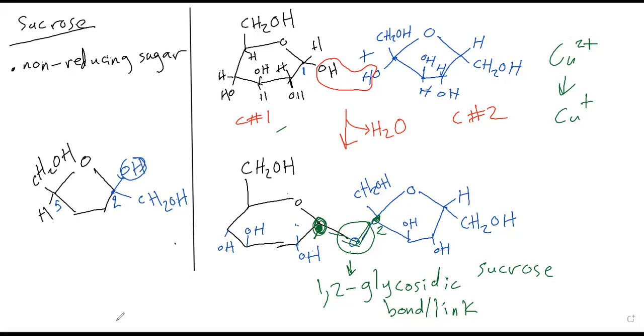It is this link that makes it the non-reducing sugar. The aldehyde groups and ketone groups are not there. So with this link, no reaction is possible. Copper 2 ions will not be reduced to copper 1.